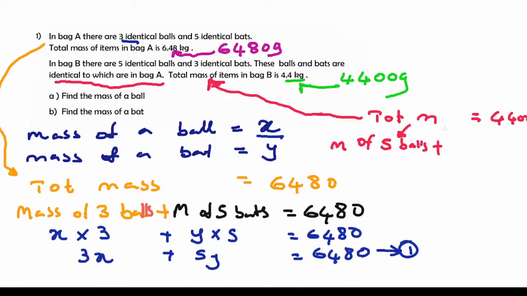Was the other item? Bats. So mass of three bats. So mass of five balls and mass of three bats all together makes 4,400 grams.